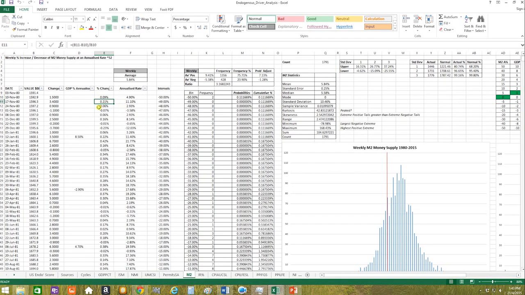So in this cell here, we can see that this is simply the cell B11 minus B10 divided by B10. So this tells us the percentage rate of change in the money supply. And then here we're multiplying E11, so this result, by 52 weeks.